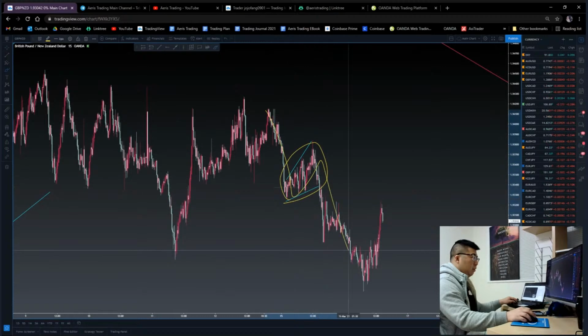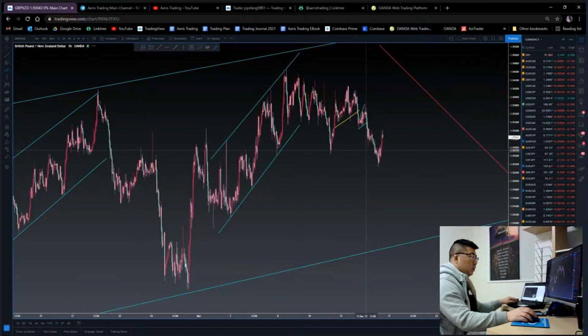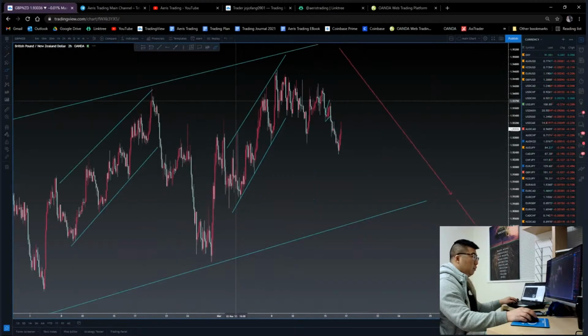So if you're in the sell already, your stop loss should be at break even, because this pushback is likely to kind of target your entry. So make sure you adjust your stops accordingly. That is how I would manage a trade if I enter here. But of course, that's up to you.